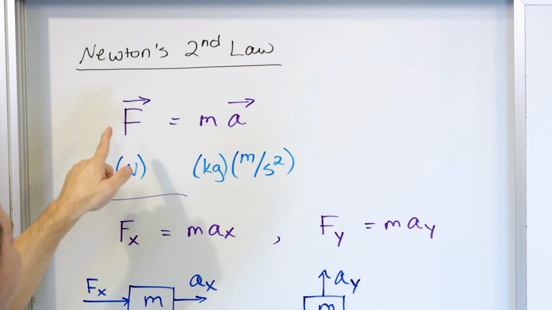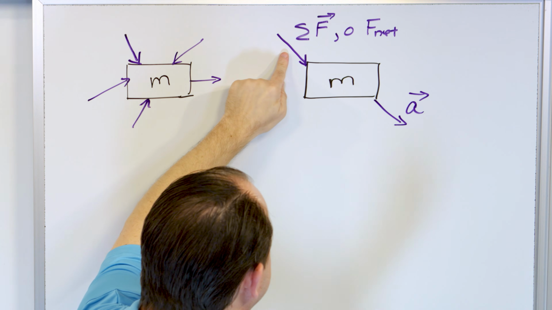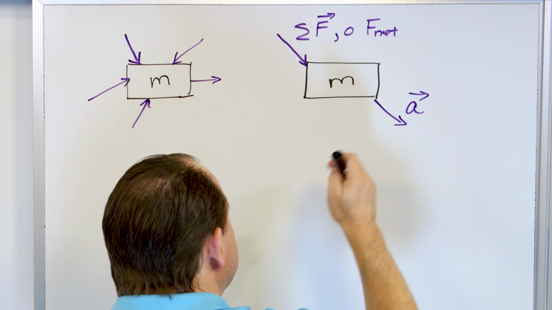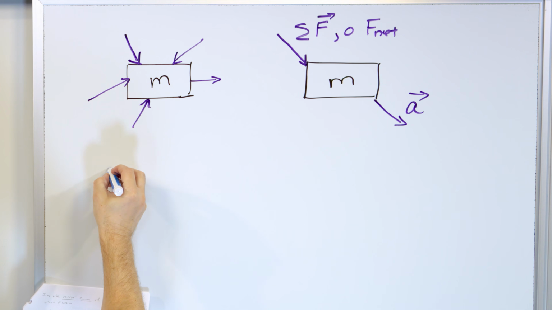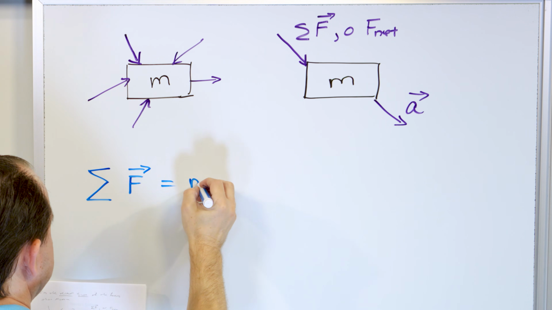So when we say force is equal to mass times acceleration, if we have multiple forces, we resolve it to a single force, and then, of course, it's equal to mass times acceleration. We get a single acceleration out of it. So the way you might see that written in a book is really that the sum of these forces is equal to the mass times acceleration.